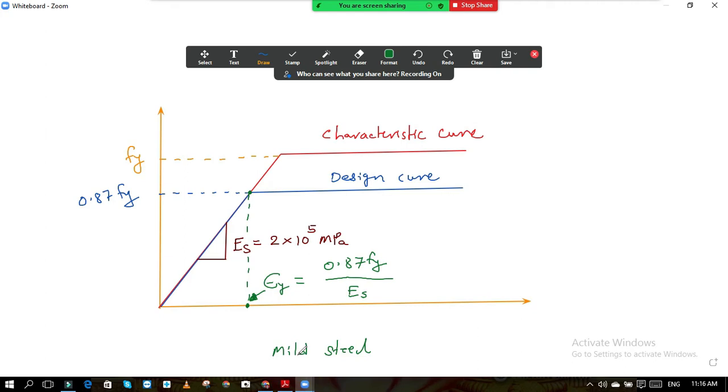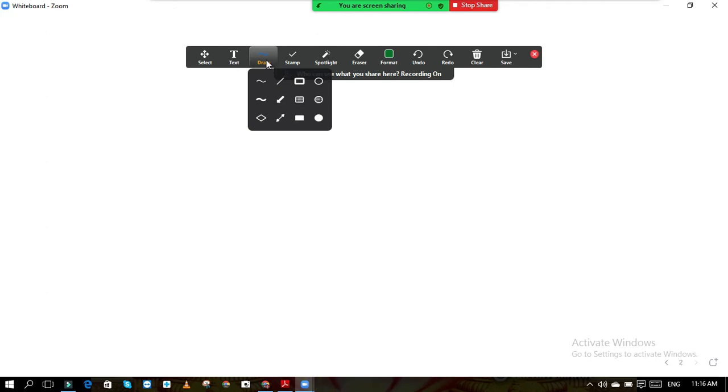Now if we talk about the torr steel, the graph will be the same, but there is some curved portion. Up till now we have seen the graph for concrete, and then the graph for mild steel. Now we will see the graph for torr steel.